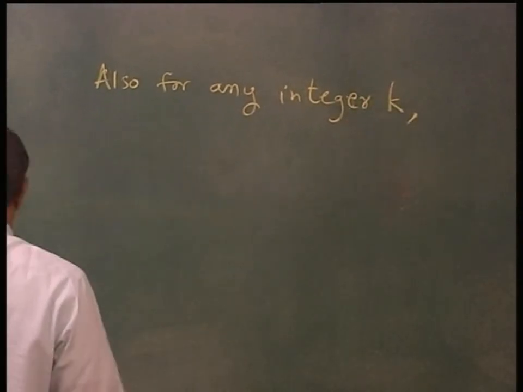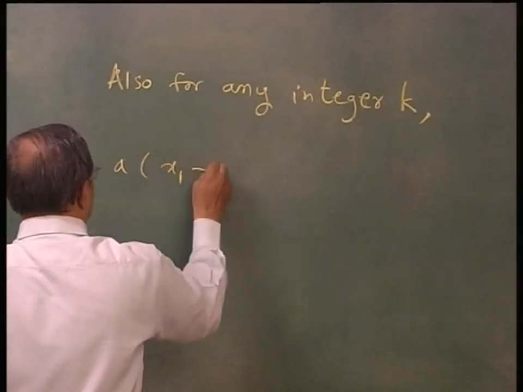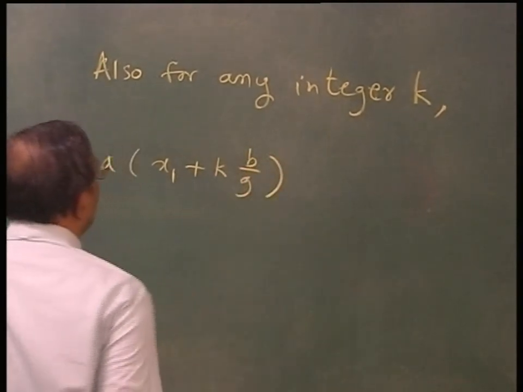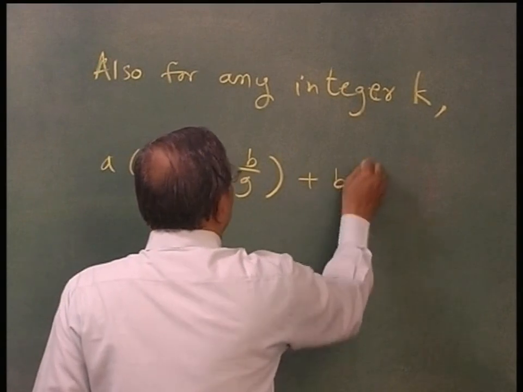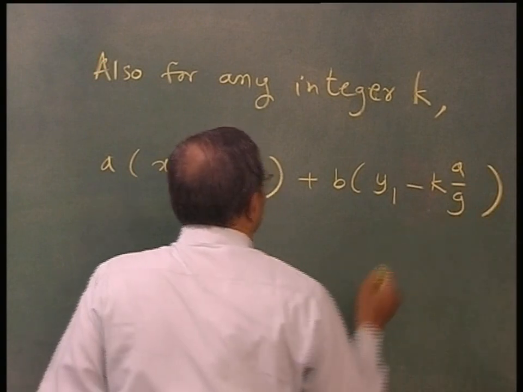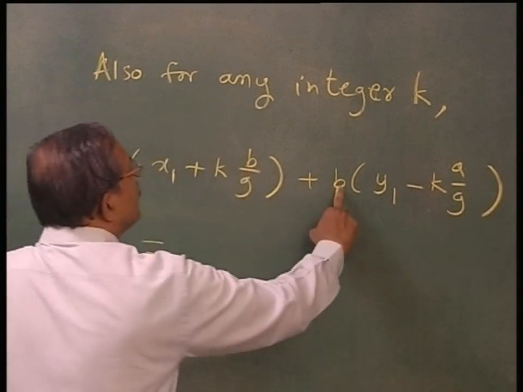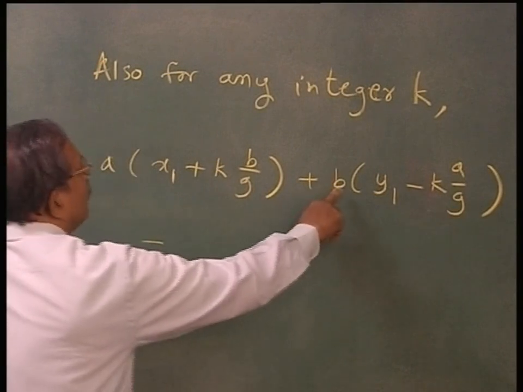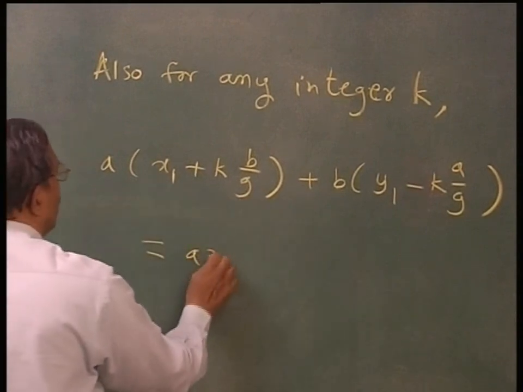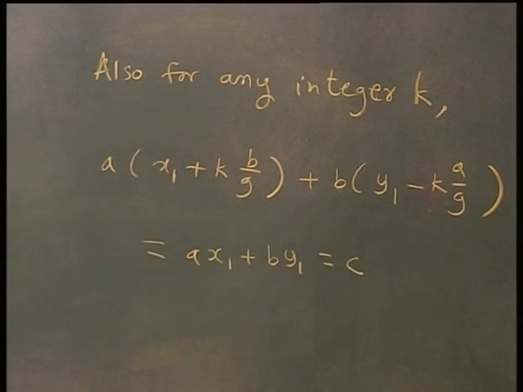these values will satisfy the equation a into x1 plus k times b by g plus b into y1 minus k into a by g. If you calculate this, a k b by g minus b k a by g gets cancelled, and a x1 plus b y1 is equal to c, because x1 y1 is the solution.